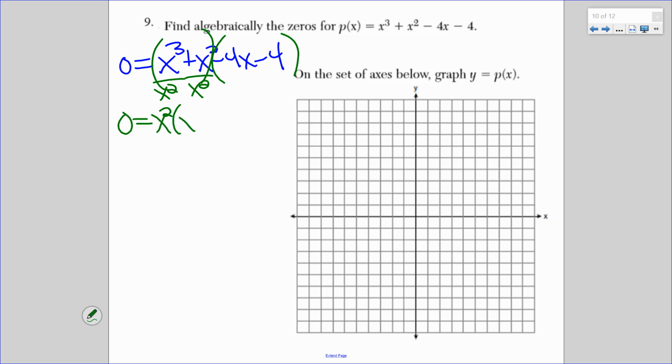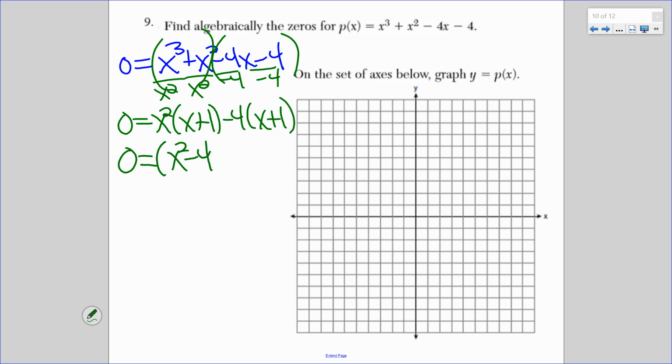X squared, x plus 1, negative 4, x plus 1, equals x squared minus 4, x plus 1. Can I factor further? I sure can. That's the difference of 2 squares.